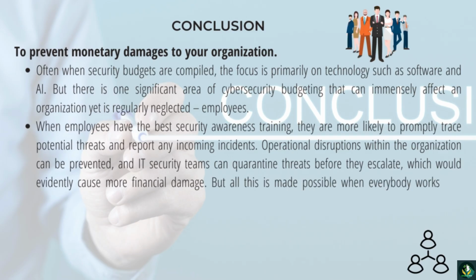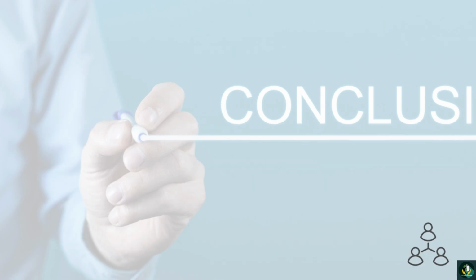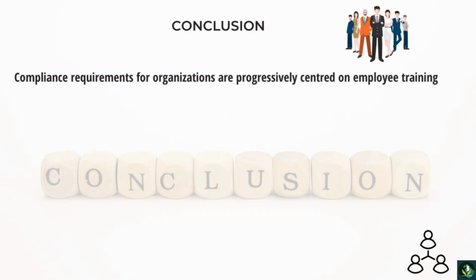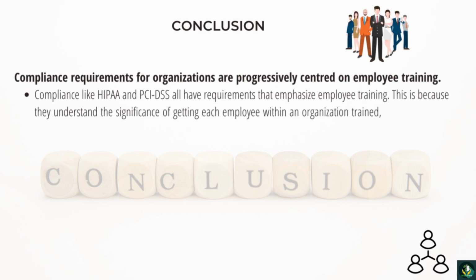But all this is made possible when everybody works in a coordinated way, which happens when there is enough cyber awareness. Compliance requirements for organizations are progressively centered on employee training. Compliance like HIPAA and PCI DSS all have requirements that emphasize employee training. This is because they understand the significance of getting each employee within an organization trained, not simply the IT division.